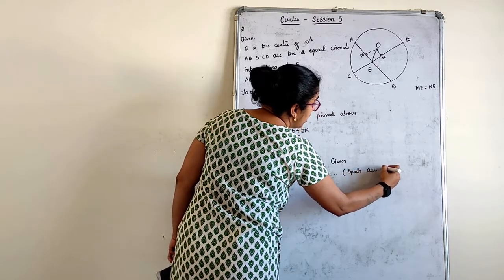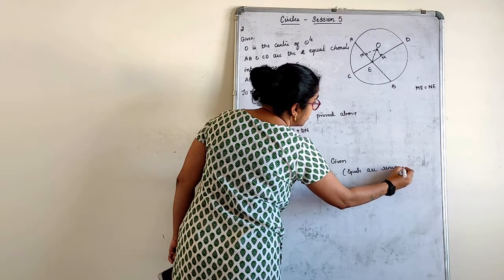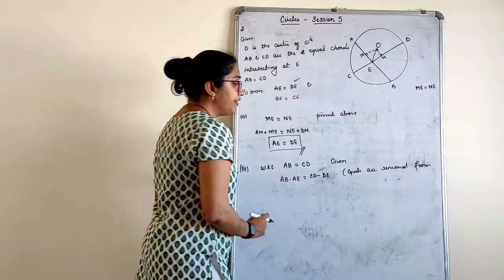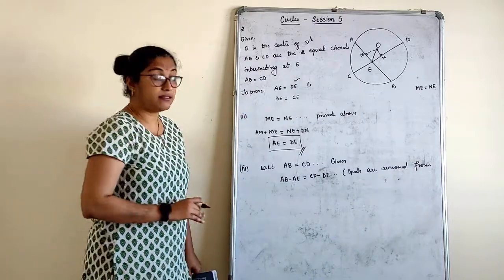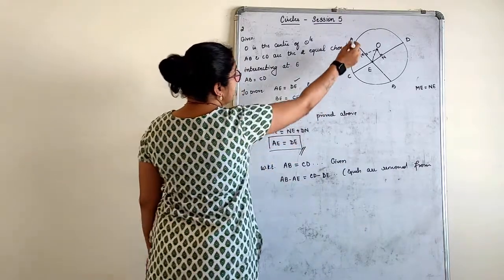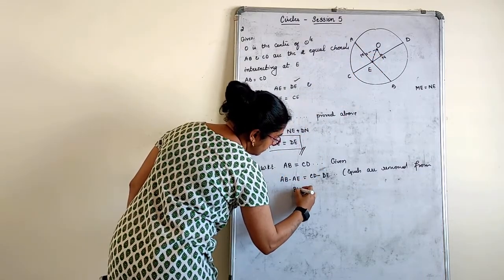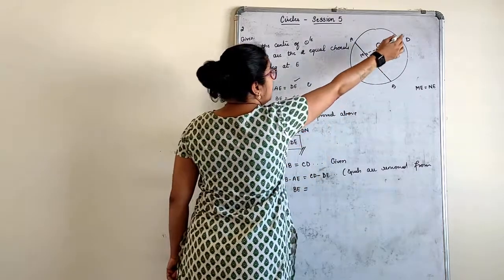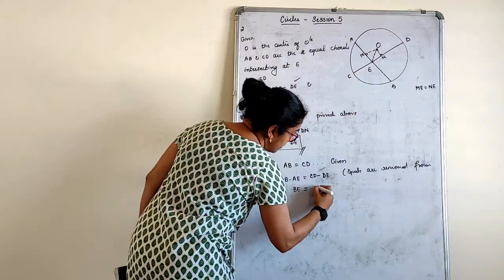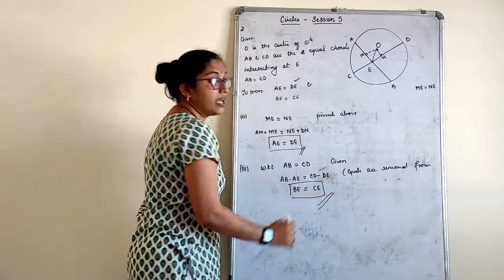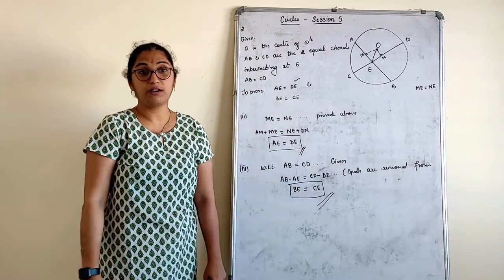Equals are removed from equals. Please complete this axiom: equals are removed from equals, the remainders are equal. Whole AB minus AE is nothing but BE. Whole CD minus DE is nothing but CE. Hence proved. Very clear how to prove this?